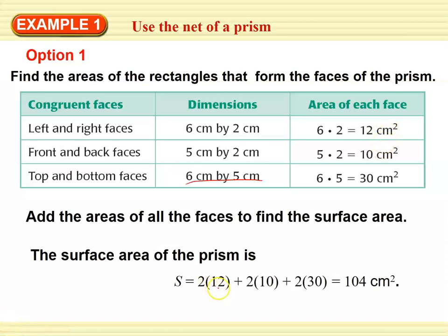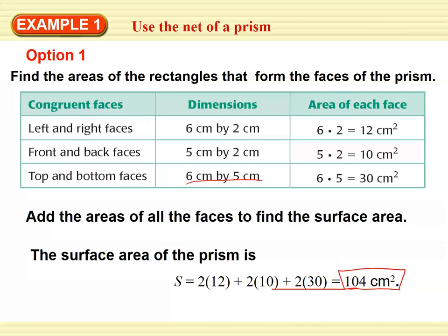So I took 2 times 12, that's the left side and the right side, plus 2 times 10, that's the front and the back, plus 2 times 30, that's the top and the bottom. We end up with an answer of 104 centimeters squared.